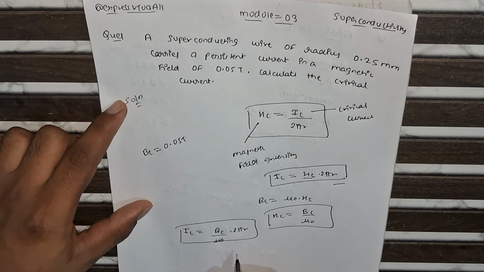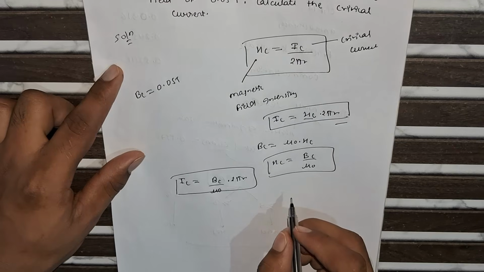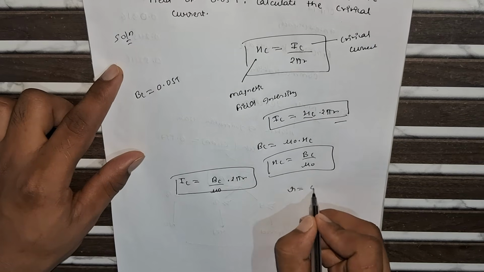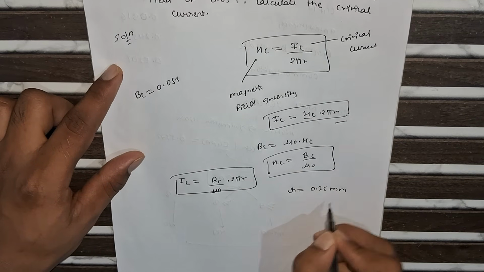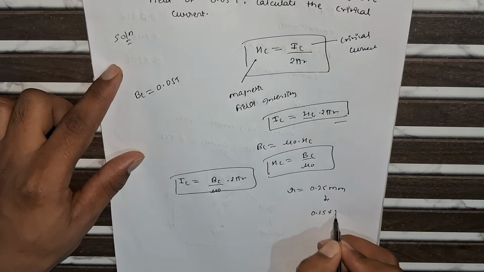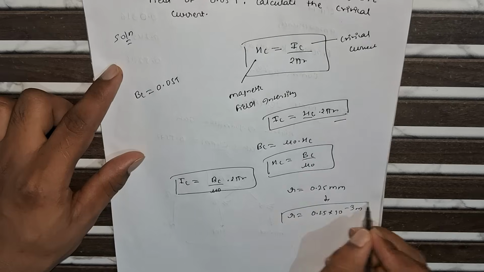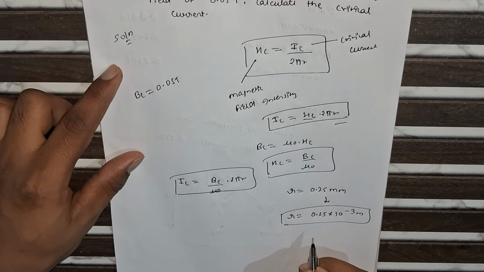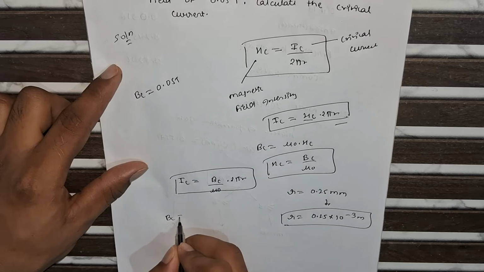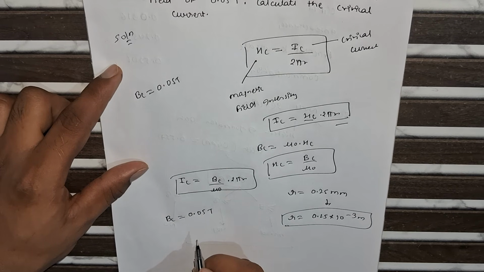Now we will write the data which is given in this question. So what is the value of r here, which is nothing but r equals 0.25 mm. So now convert this into meter, which is 0.25 into 10 to the power minus 3 meter. This is the value of r, the radius of the wire. Now what is our critical magnetic field, which is nothing but Bc equals 0.05 Tesla. And we have to remember one more thing.